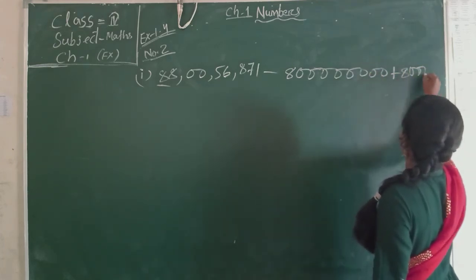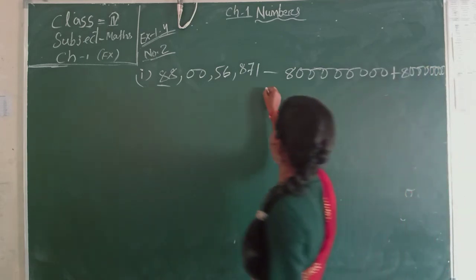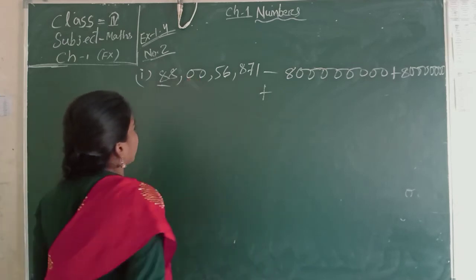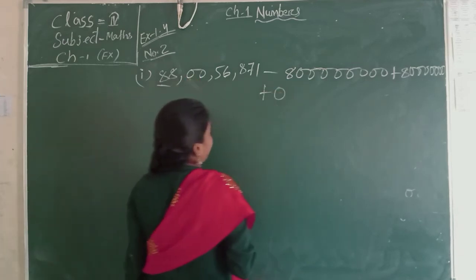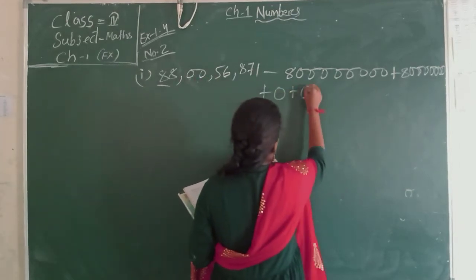Write 7, 2, 3, 4, 5, 6, 7. Okay. Next, there is 0. For this 0, you have to write only a single 0, and again for this single 0.